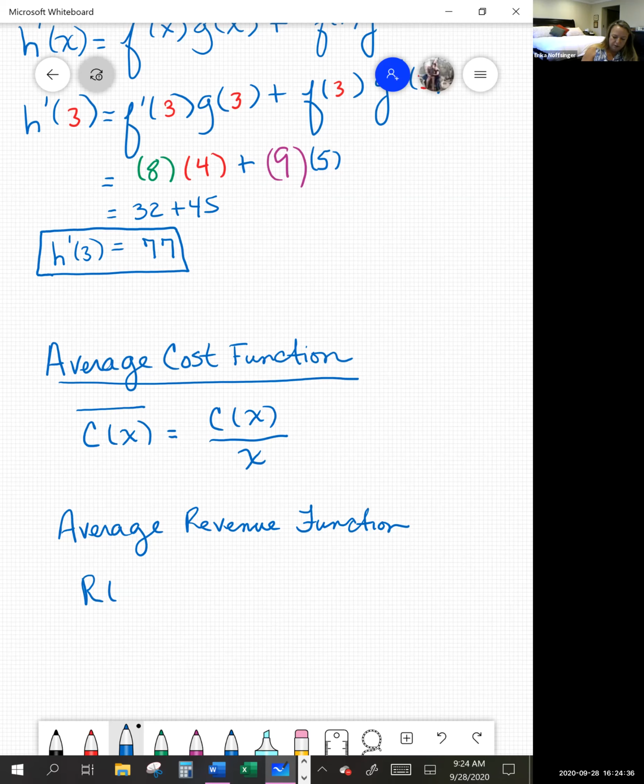We denote it with a bar over the revenue R of X. And this is equal to just what your revenue function was, and divide that by X.